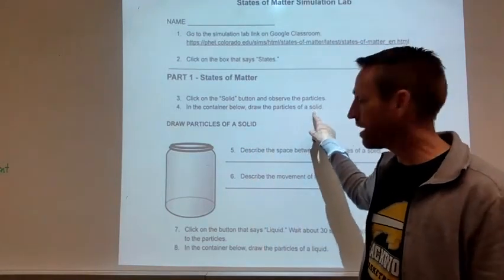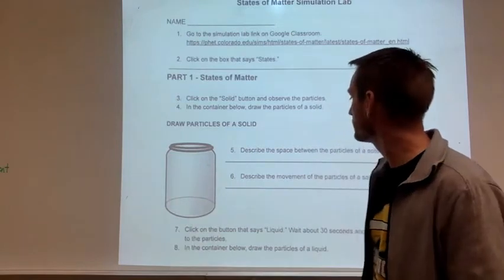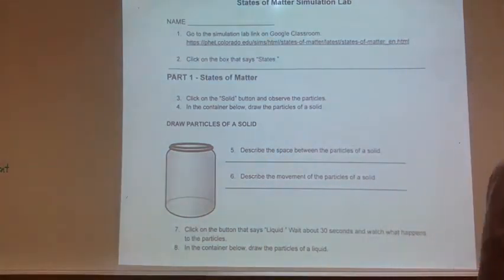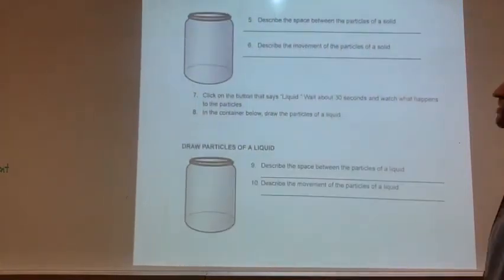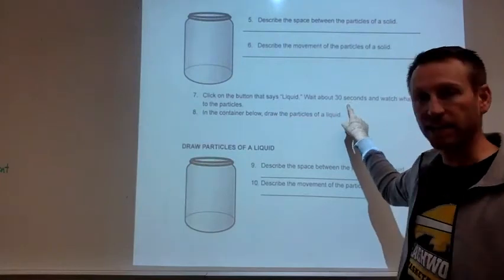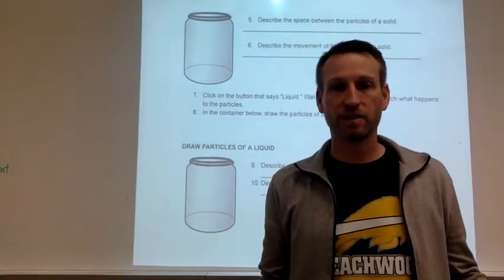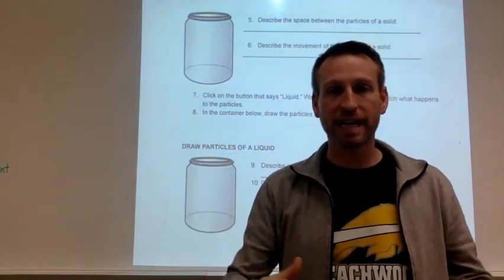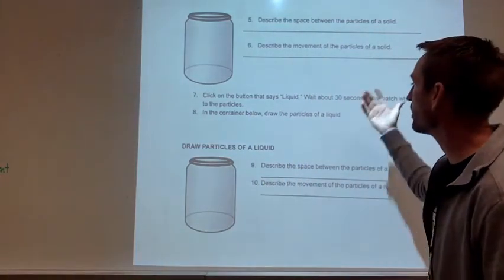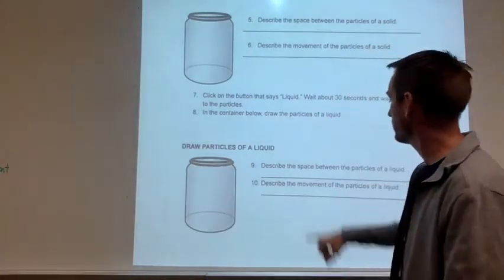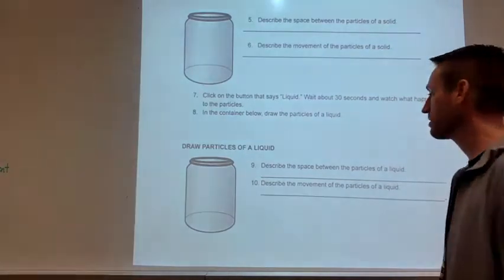The way it looks of a solid, you draw them in here. 2 questions or 2 prompts to answer. It then tells you to click on the button that says liquid. Wait about 30 seconds. So you're almost going to want to count 30 seconds. If you don't wait 30 seconds, you're not going to have a true picture of what neon looks like as a liquid. But once you wait 30 seconds, same deal. Draw in the jar what the particles look like. Answer the 2 prompts.